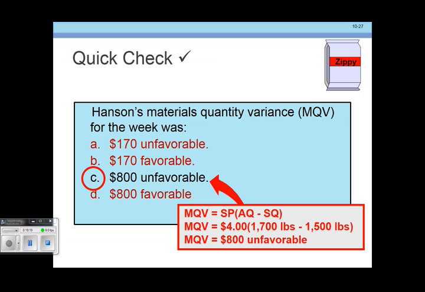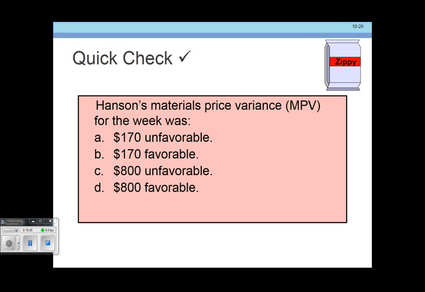Notice they took the standard price and they took the actual quantity minus the standard quantity. That's how you read that formula. Their material price variance for the week. Okay, and this also gives a good example. Notice there's 170 favorable and 800 unfavorable. Most of the multiple choice questions you're going to find on the quiz are going to do something like that.